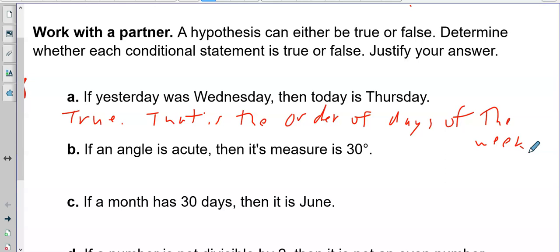If an angle is acute, then its measure is 30 degrees. Well, as an absolute statement, it's false, because it could be more than one. I would also say not necessarily.